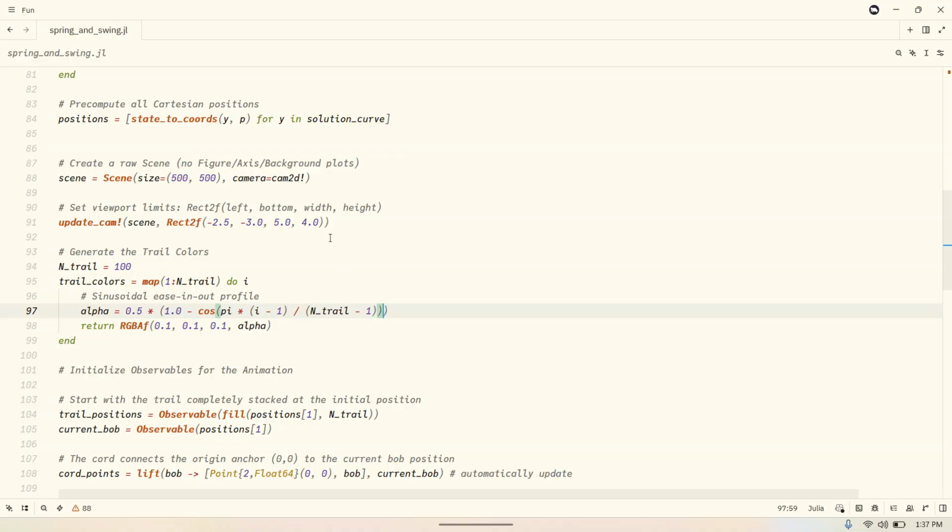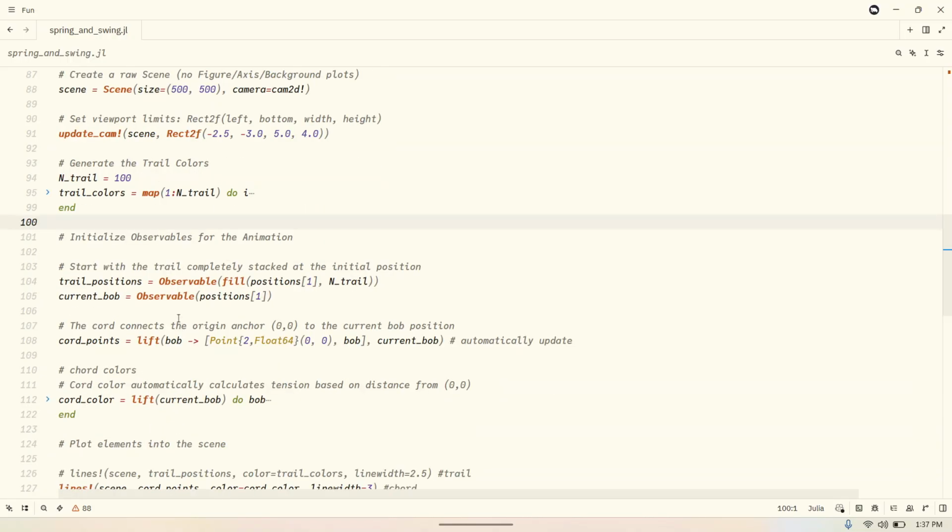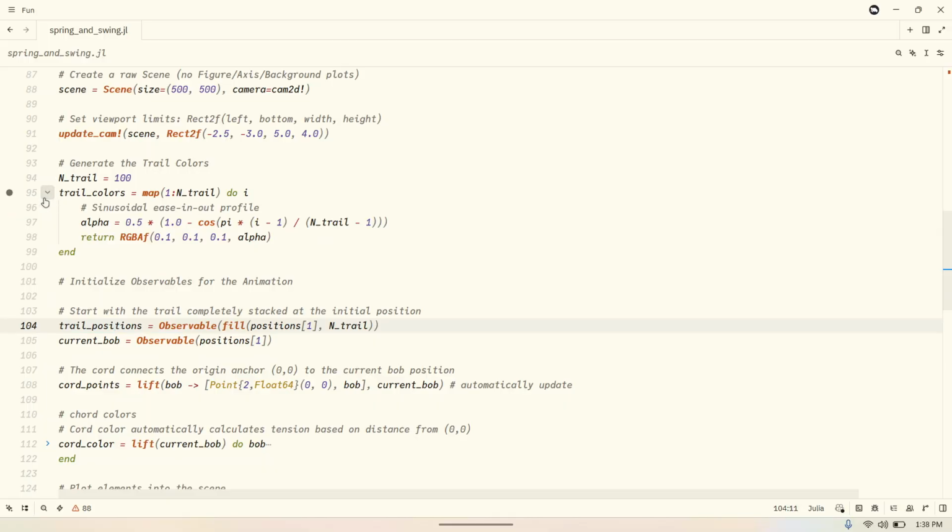You can think of it as the trail being high in alpha, close to the bob, but fading out away from the bob, and this is just an easing function for that. I created it. Actually, I didn't create it. You can find this online.